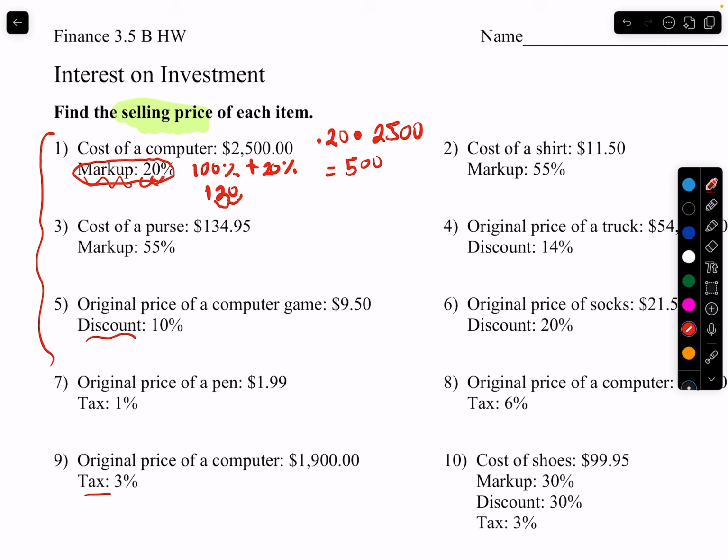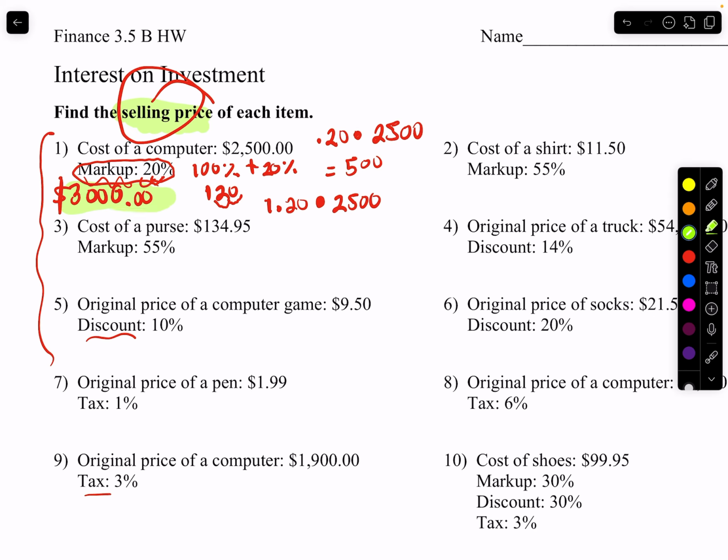So 1.20 times, of means times, the full price, $2,500. 1.2 times 2,500 should give us our $3,000. So the price we'll pay, the selling price of this, is $3,000. And that is our answer.